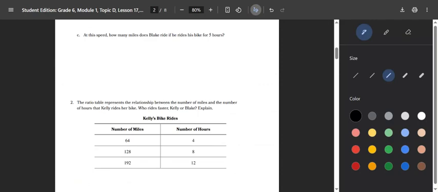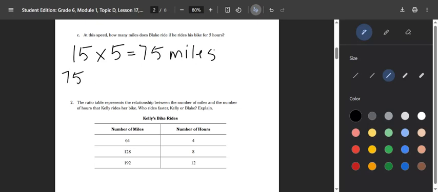So if I just take the 15 and multiply it by 5, because that's 15 miles times 5 hours, that's going to give me 75 miles. So Blake rides 75 miles in 5 hours.